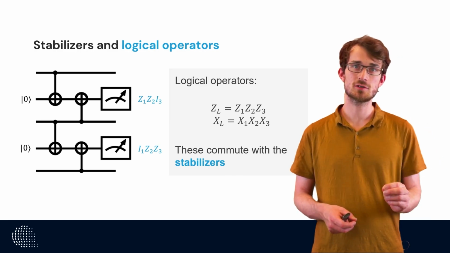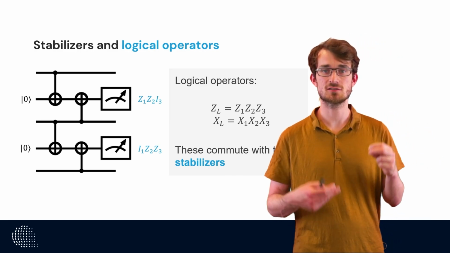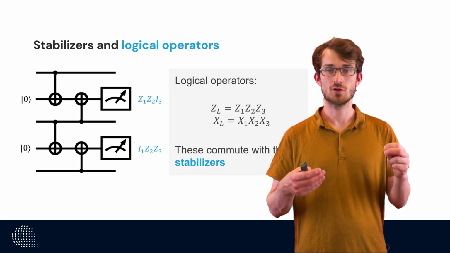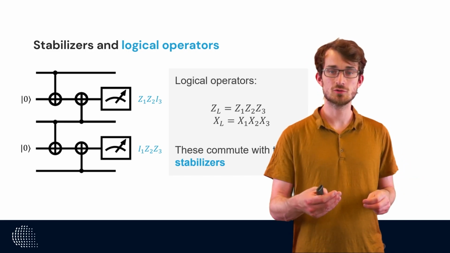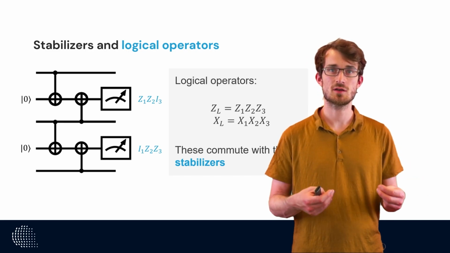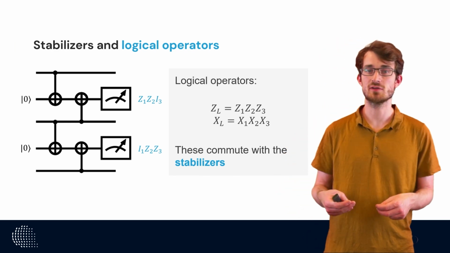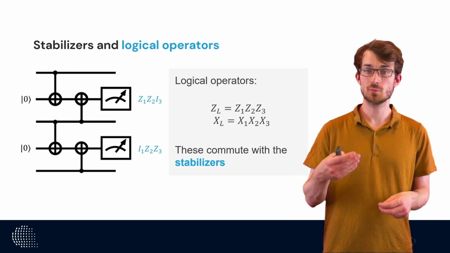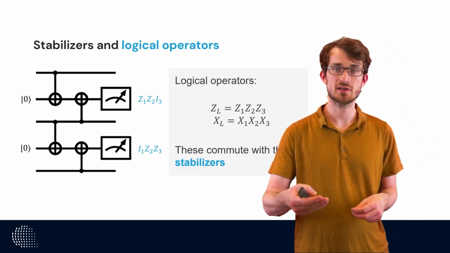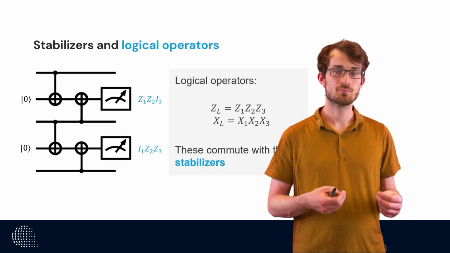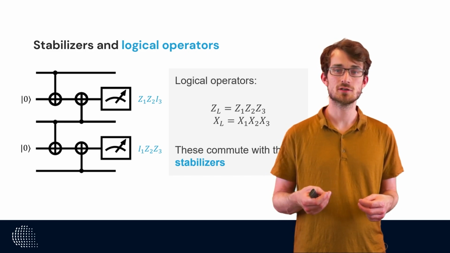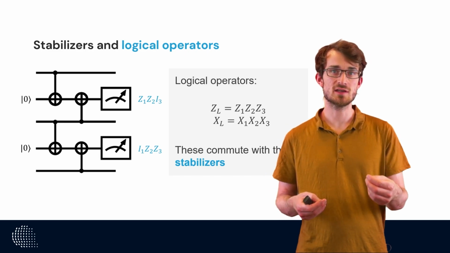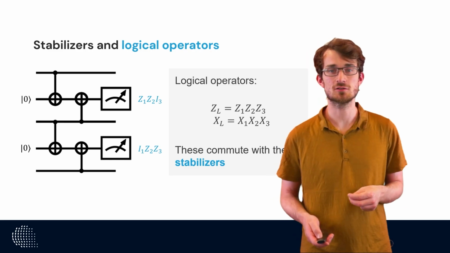It's important to note that these logical qubit operators all commute with the stabilizers, as they must, because that means we can encode qubit information into these logical operators, and we can measure the stabilizers without destroying the information encoded in these logical operators.